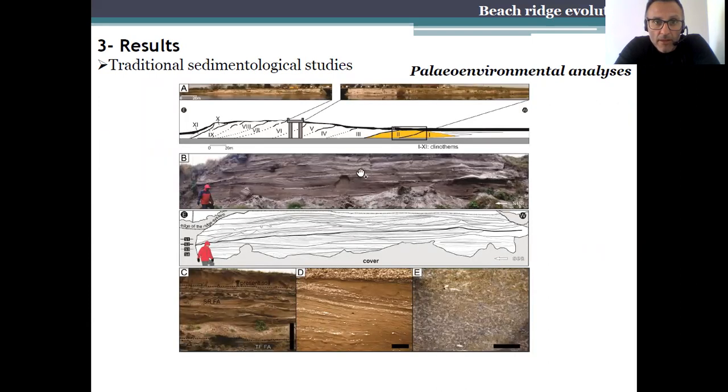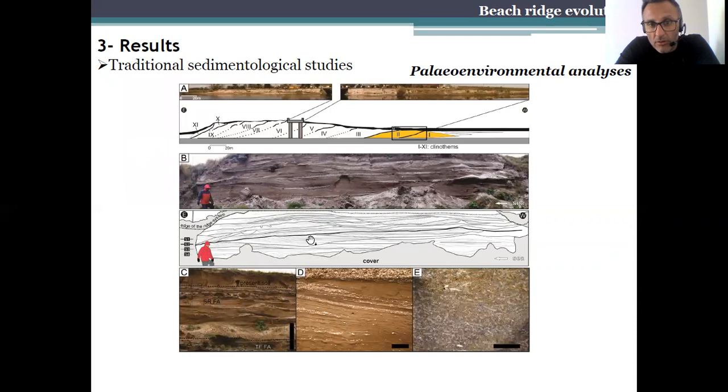So the sandy ridge has this aspect. The first two clinothems constitute the sandy ridge. The internal configuration is quite complex.